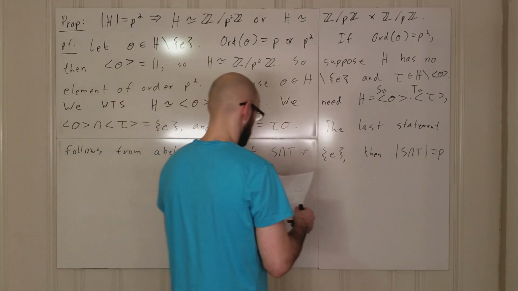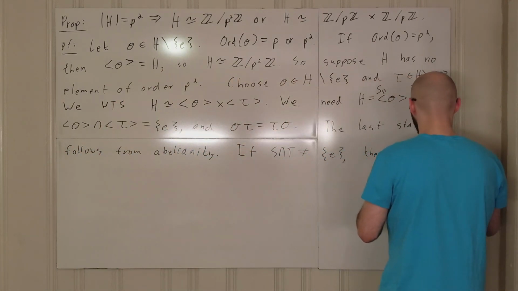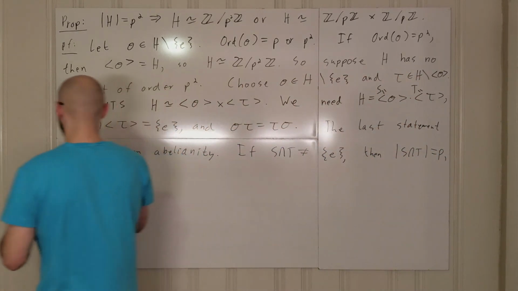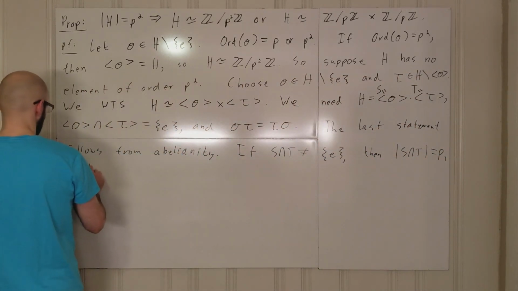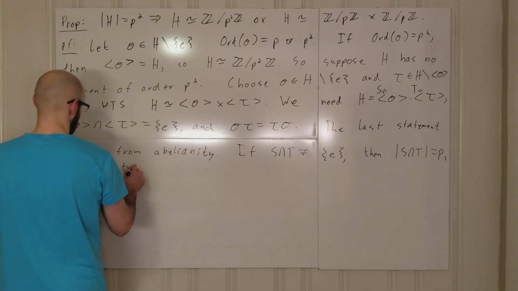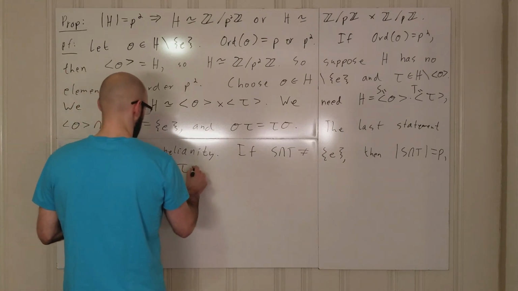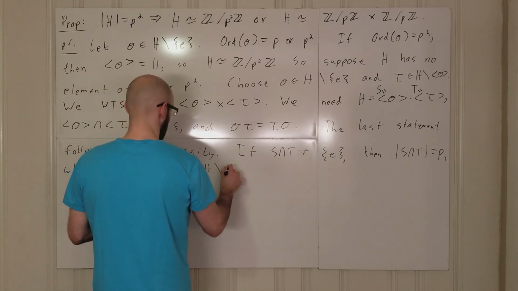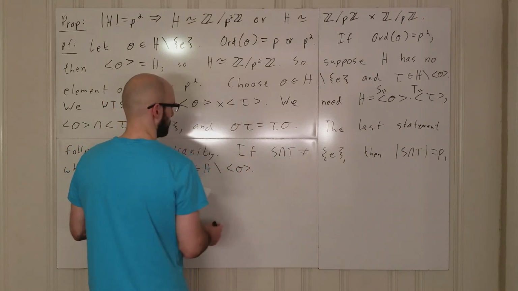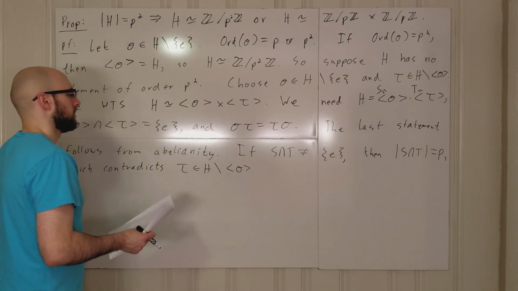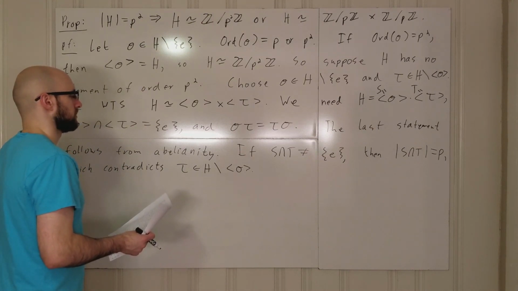Okay, and this contradicts. What does this contradict? The fact that tau is in H minus the subgroup generated by sigma, or I could have just said S. And why is that a contradiction?